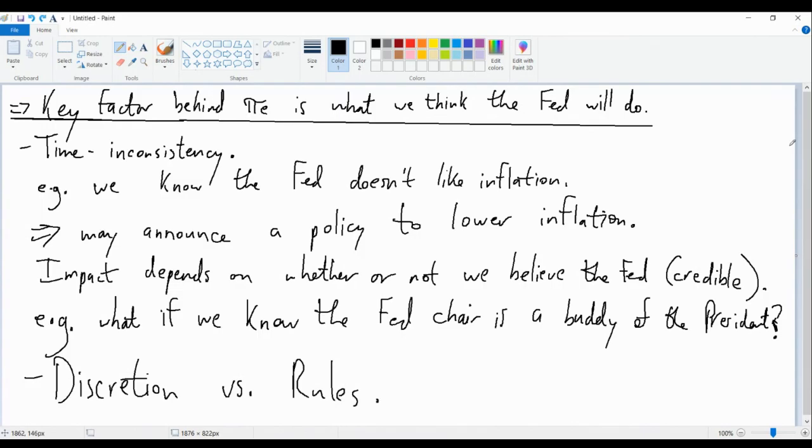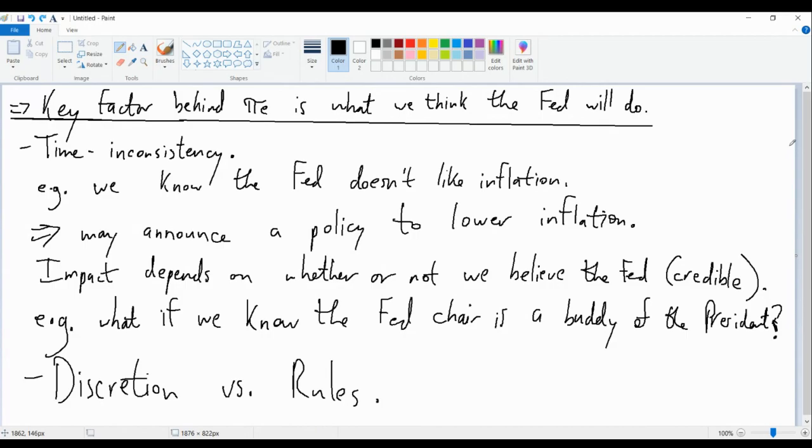So we've gone from rational expectations meaning that the Fed is somewhat limited in what it can do because people's expectations affect the outcome of policy.